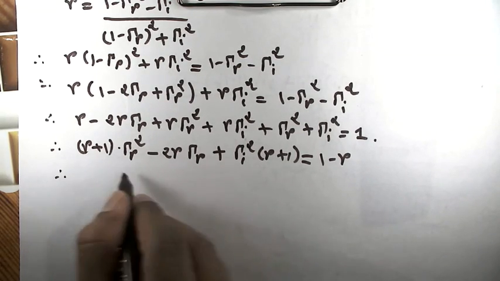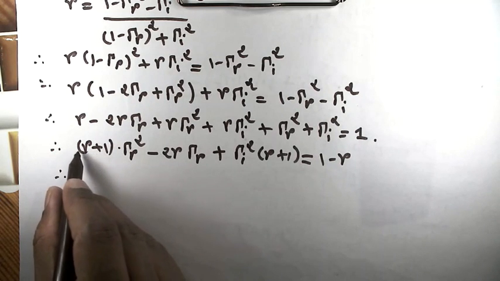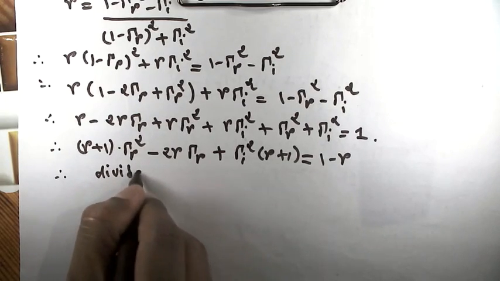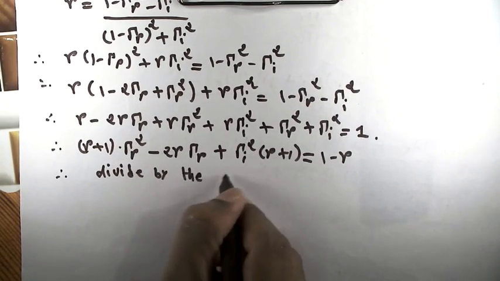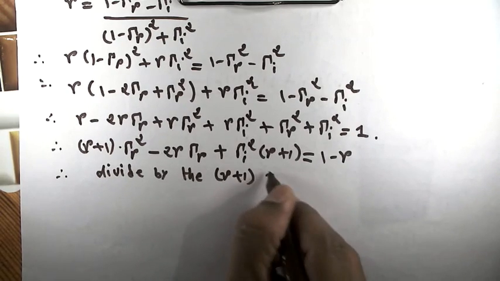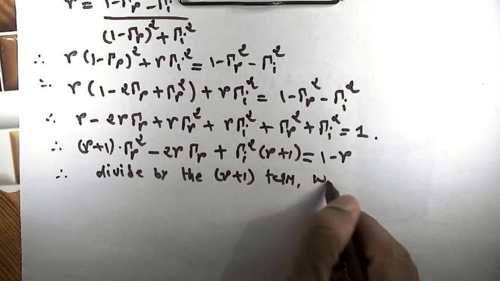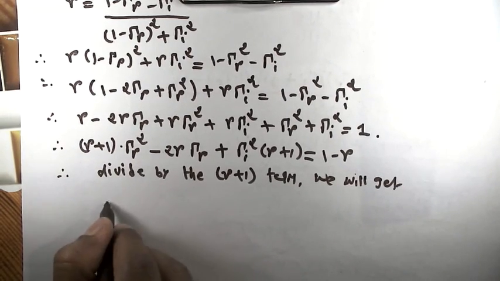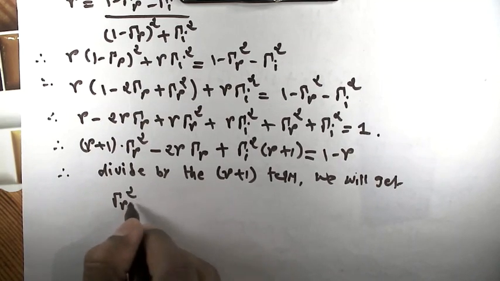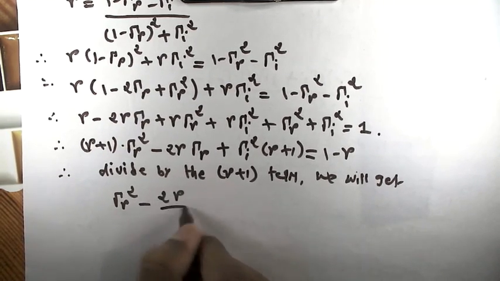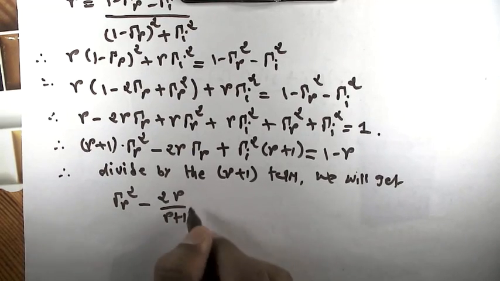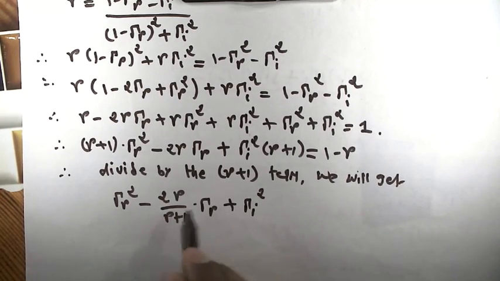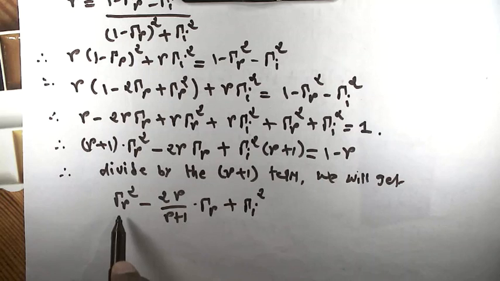So let me first of all divide all these terms by r plus 1. Dividing by the r plus 1 term, we will get sigma r square minus 2 times r over r plus 1 into sigma r plus sigma I square, because here there is r plus 1, so it will eliminate.